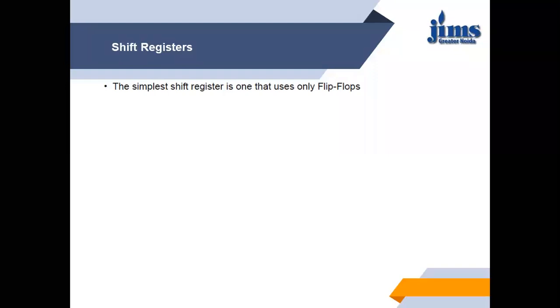The simplest shift register is one that uses only flip-flops. So we are not using any other combinational logic or gates. The output of a given flip-flop is connected to the D input of the flip-flop at its right.